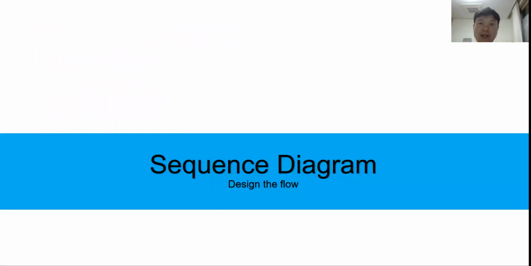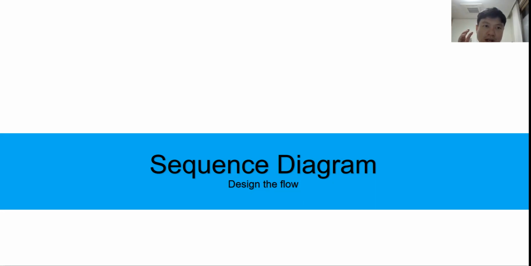So before we deal with the example, I would like to teach you the importance of the sequence diagram. In the previous video, we already learned about the system architecture. In the system architecture, you need to understand the components in your system, and then you try to design the flow of the system.